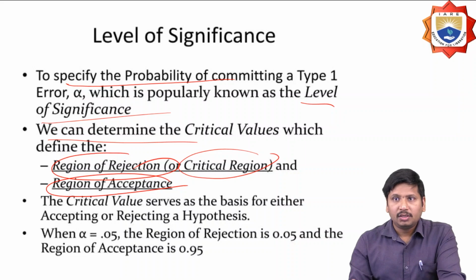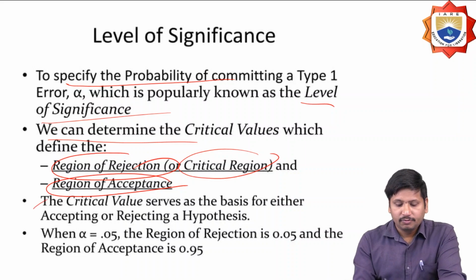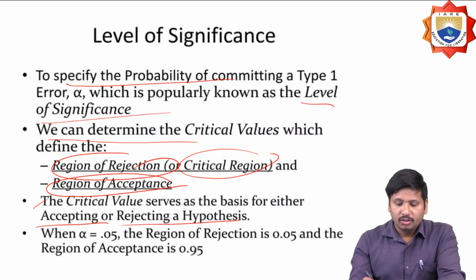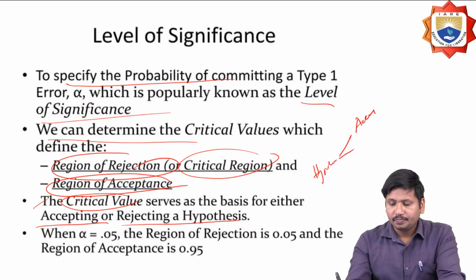These critical values serve as the basis for either accepting or rejecting the hypothesis. Based on these critical values, I can decide whether the hypothesis is going to be accepted or rejected.